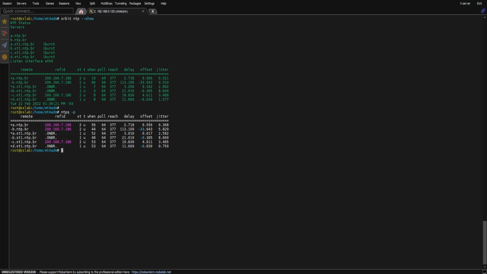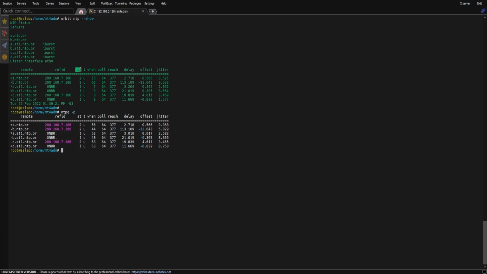That's the difference between these three symbols, so when you're troubleshooting, it is important to know if there is an asterisk, the main server, in the output of the orbit command --show. Based on this main server that you identify, you can do the troubleshooting of the other columns that we will talk about now.